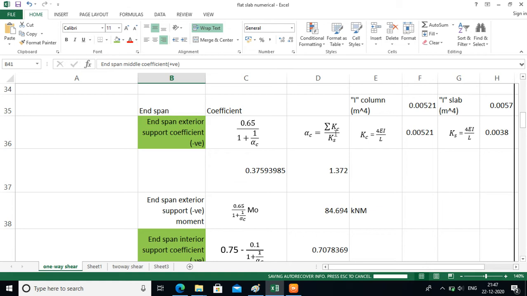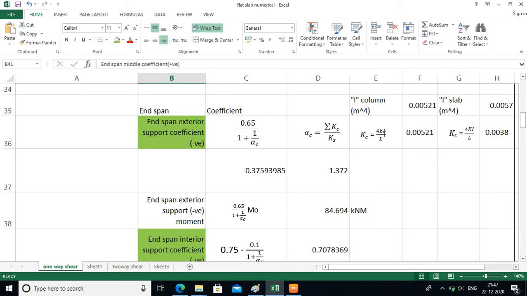To get the value of alpha c, we first need to calculate the stiffness of column and the stiffness of slab. How do we get the stiffness of column? We already studied in structural analysis how to find the stiffnesses of various members.